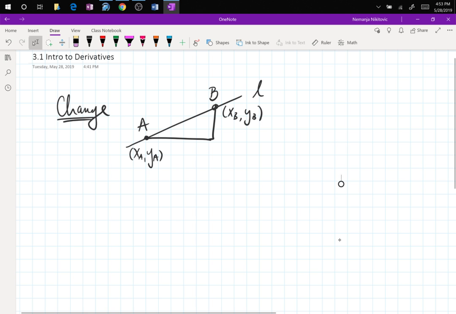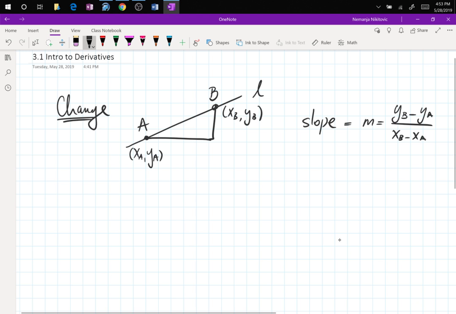Now in algebra, we can calculate the slope, which will show the change. So slope M would be YB minus YA divided by XB minus XA.